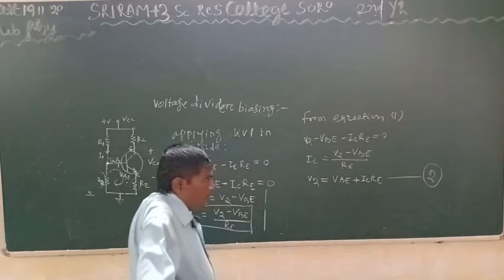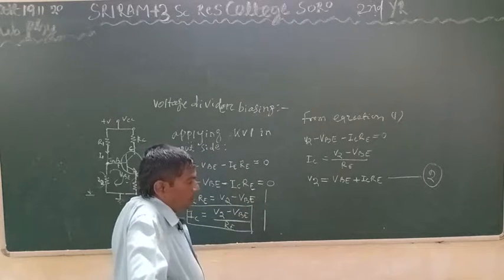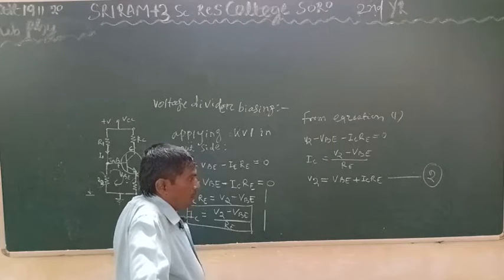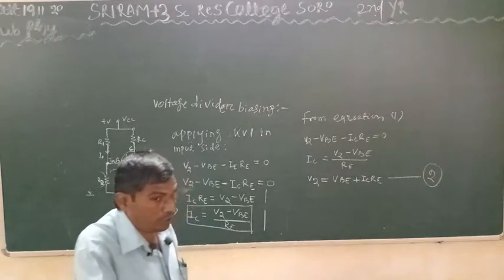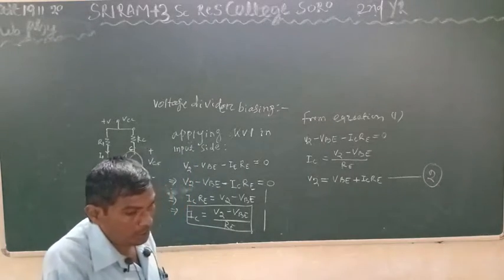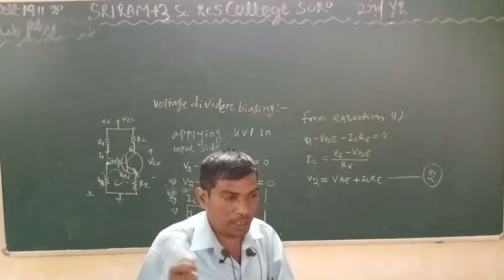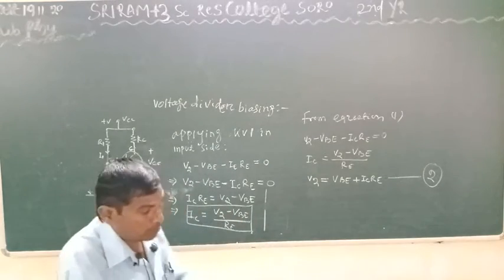So when the temperature increases, the collector current also increases, because this is a semiconducting material. The character of semiconductor material is that when temperature increases, the current also increases.